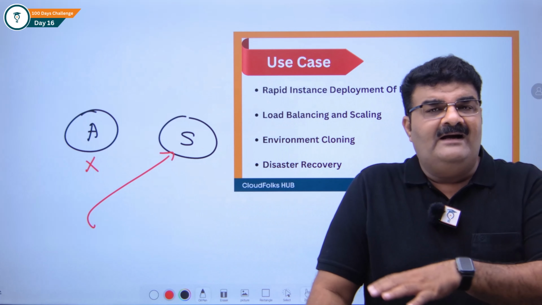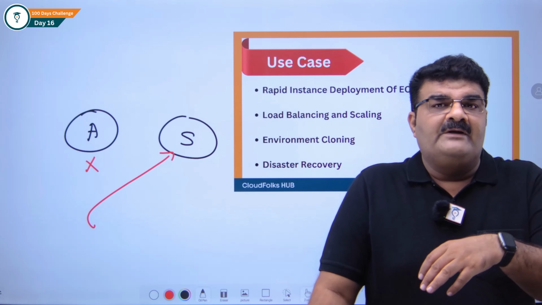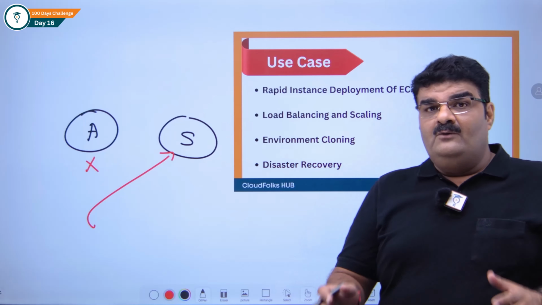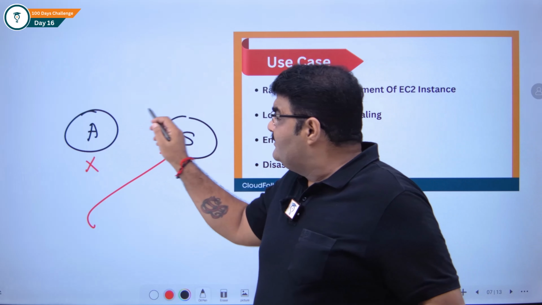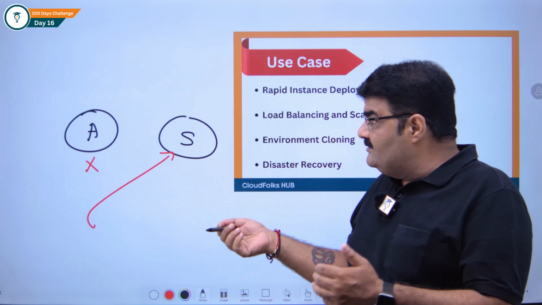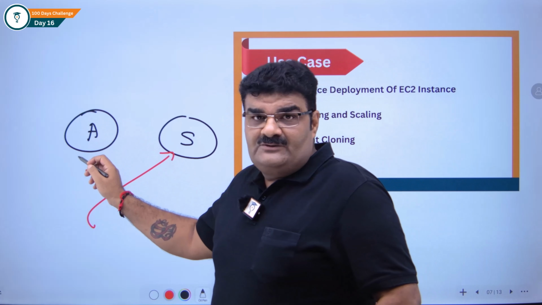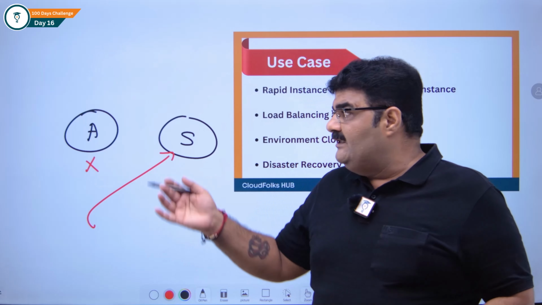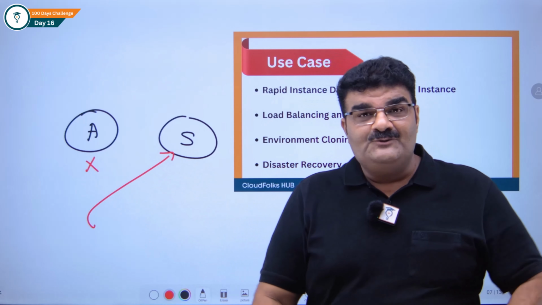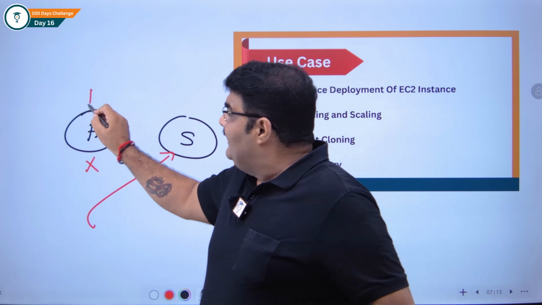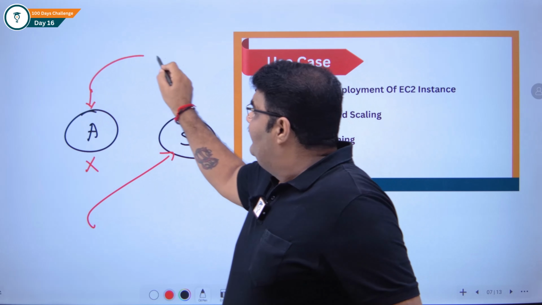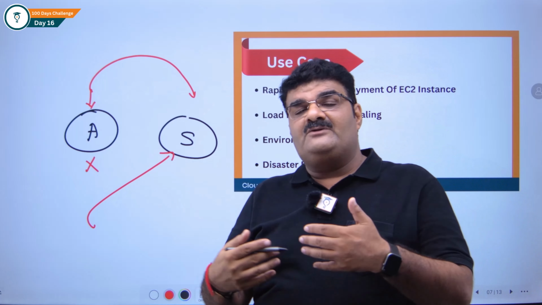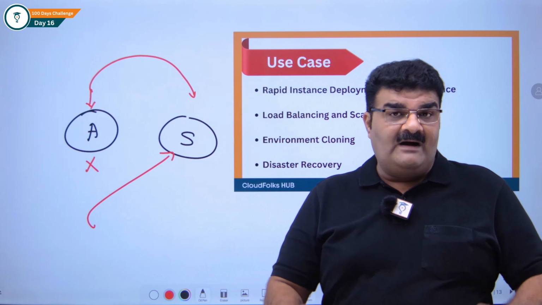Users are not going to get any kind of delay over there. Now, how can you make your standby environment current? Because if my active environment goes down, the standby environment will start from the current state of the active environment. So in this case, you can create an AMI here and then copy the AMI from your active environment to the standby environment. Now how will we do this?